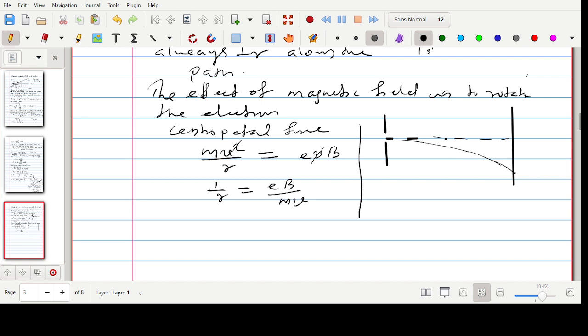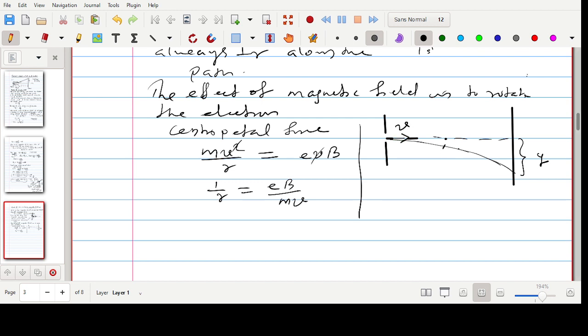We are arranging the magnetic field in such a way that it is deflected in the negative y direction. The shift due to the magnetic field should be the same as the shift due to the electric field. That's why when you apply both electric and magnetic fields, we will get an undeflected beam. So this is velocity v.